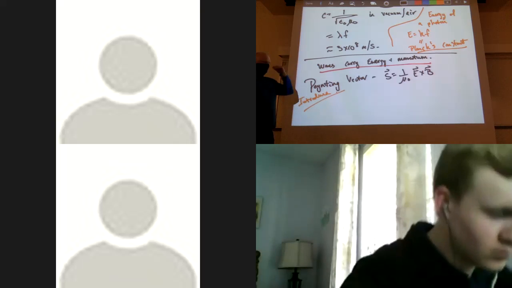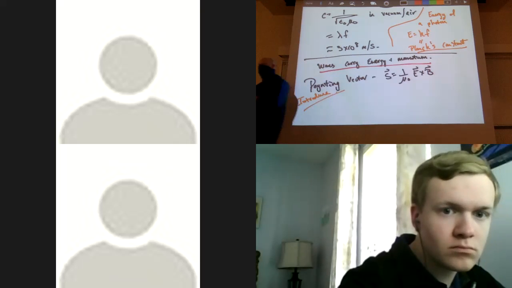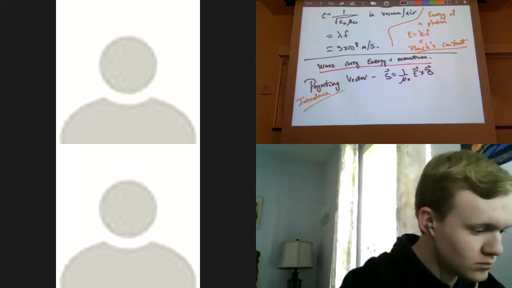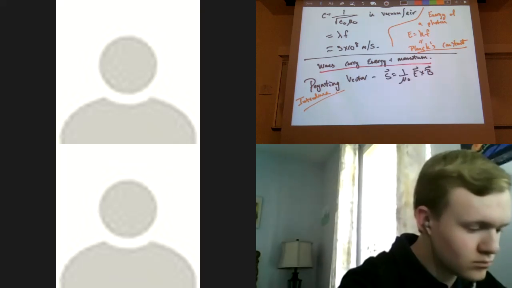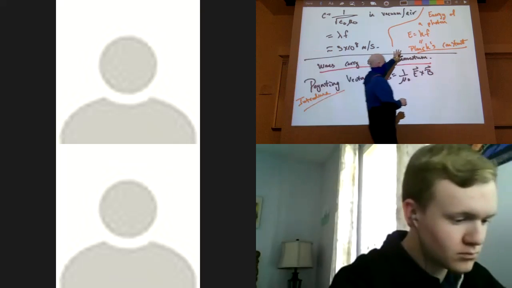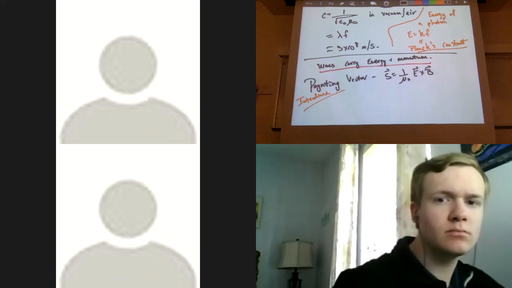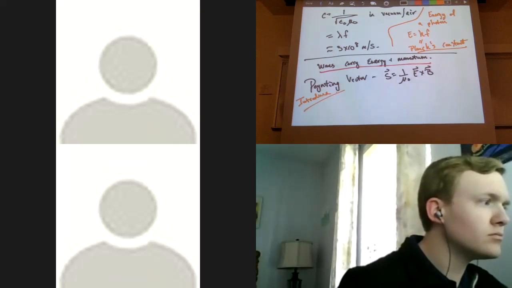And remember from our wave stuff, the speed is also equal to the wavelength times the frequency, which means that for large wavelengths, we have very small frequencies, and for small wavelengths, we have very large frequencies. You don't have to know this part so much, but the energy of a photon is equal to Planck's constant times the frequency.